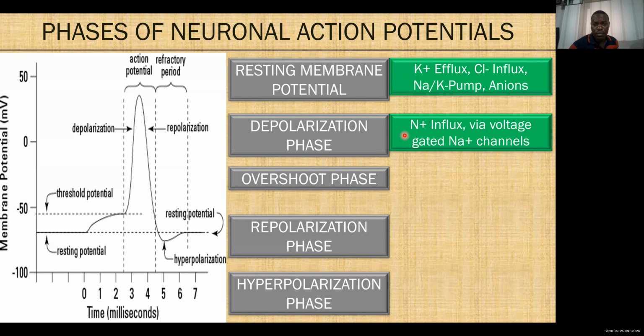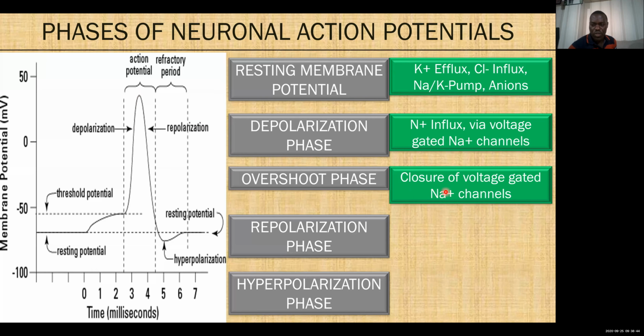The depolarization phase is explained by opening of the voltage-gated sodium channels so that we now have sodium influx. The overshoot is due to closure of the voltage-gated sodium channels.